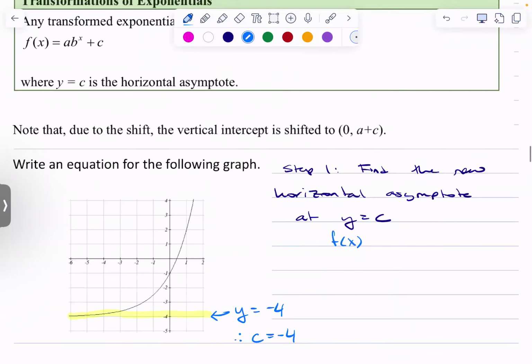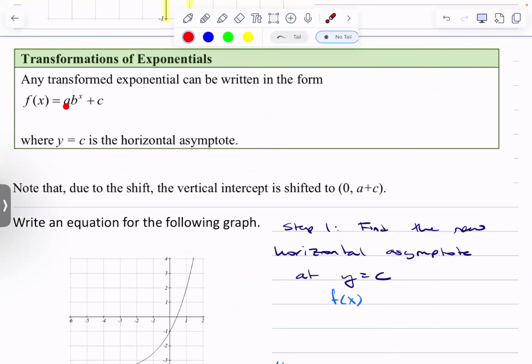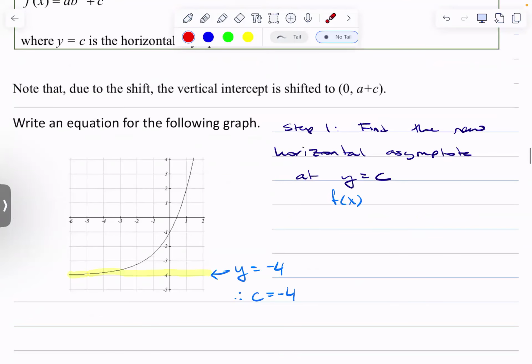So in the transformed form, I have f of x is ab to the x plus c, but now I just found that c is going to be -4. Or f of x is ab to the x minus 4.